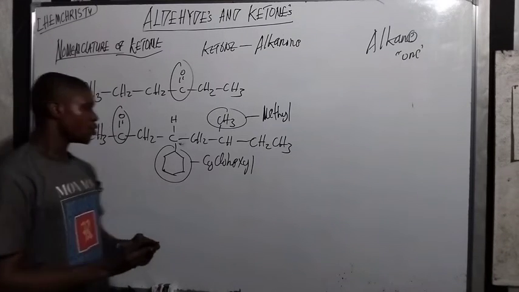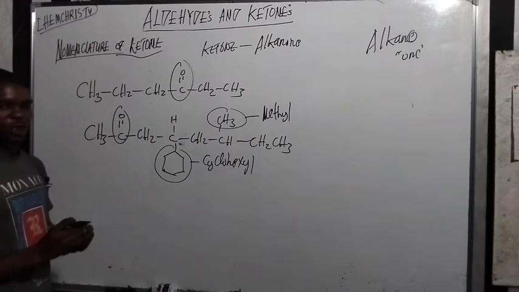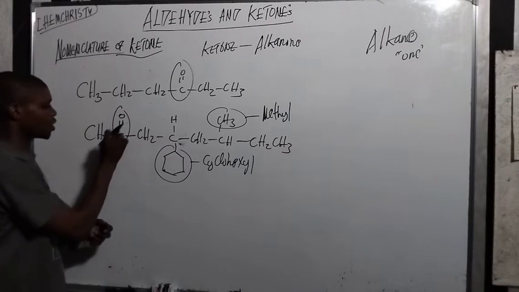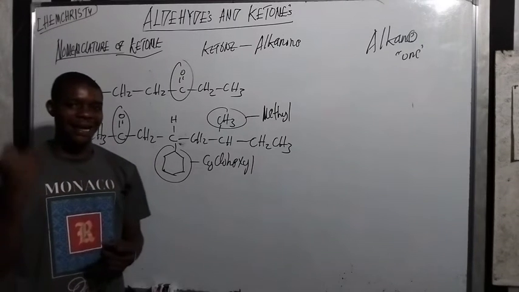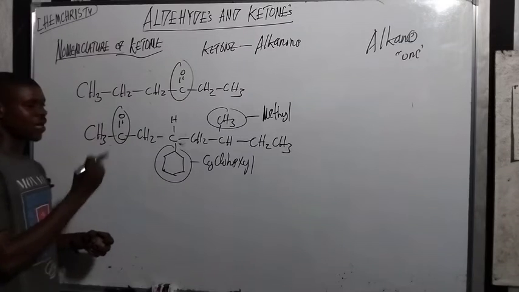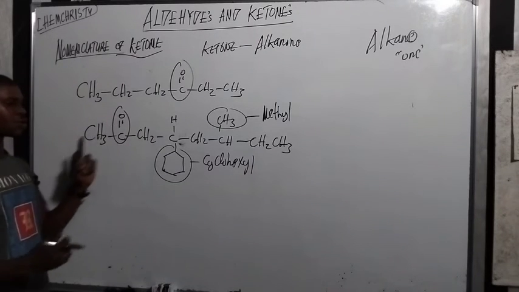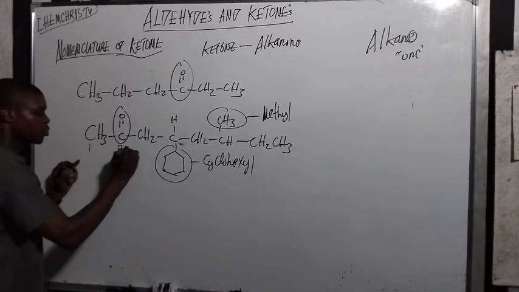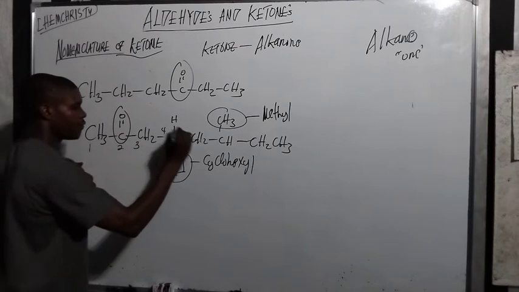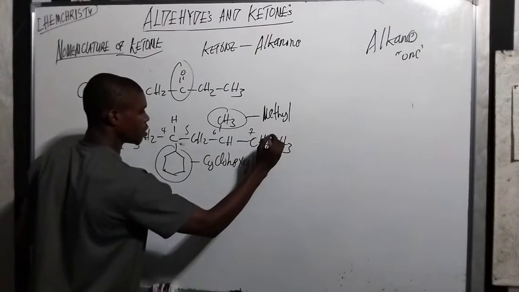Do you understand? The position of the functional group must have the lowest possible number. The functional group is my highest priority. So I will number it in such a way that this carbon atom has my lowest possible number. So of course I'm going to start from here: 1, 2, 3, 4, 5, 6, 7, and 8.